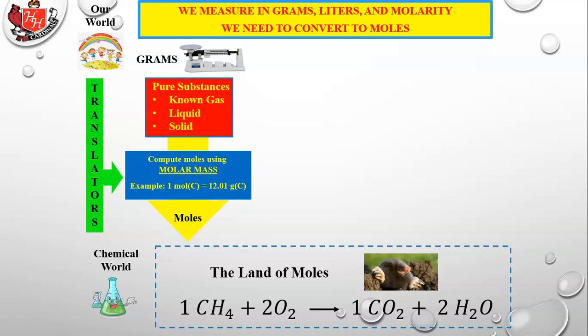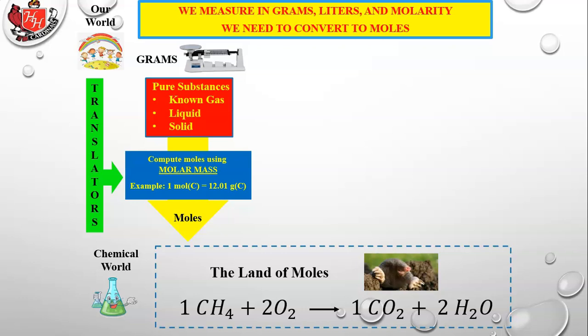Okay, so the molar mass equates 1 mole to some number of grams. So in the case of carbon, as an example, if we were using just carbon atoms, you can see that molar mass in blue is saying that 1 mole of carbon equals 12.01 grams of carbon. We're no longer interested in atomic mass units and individual molecules. We're interested in moles, okay? So that's a molar mass conversion.